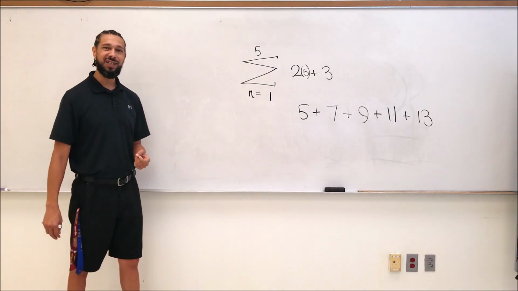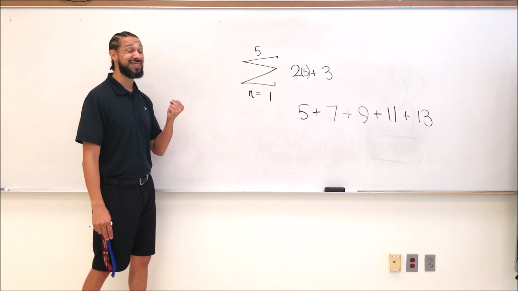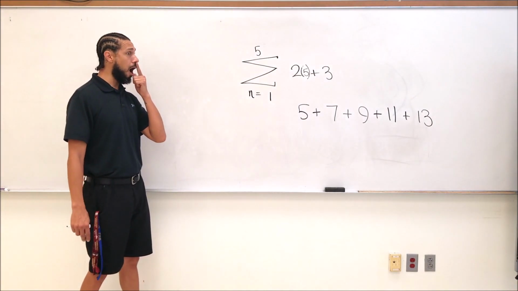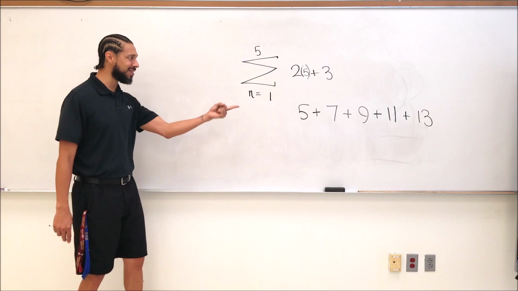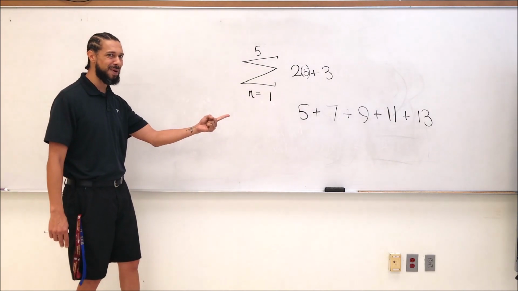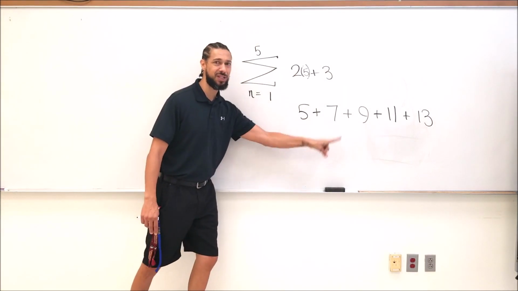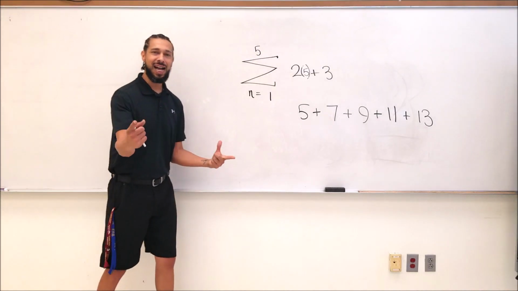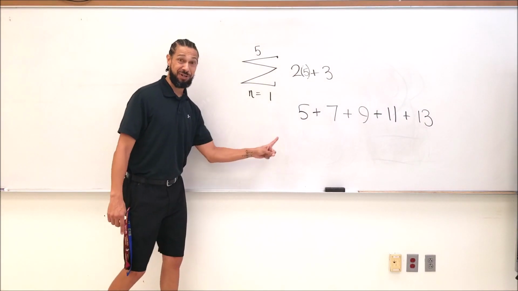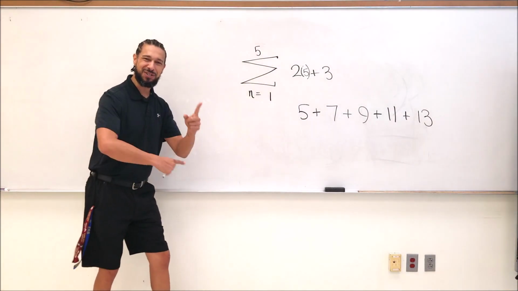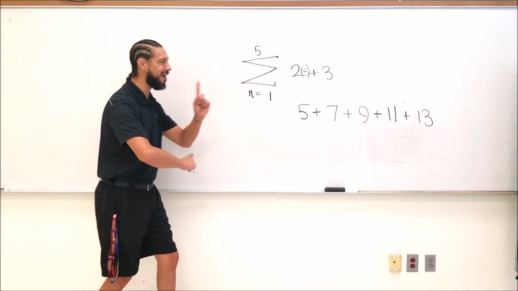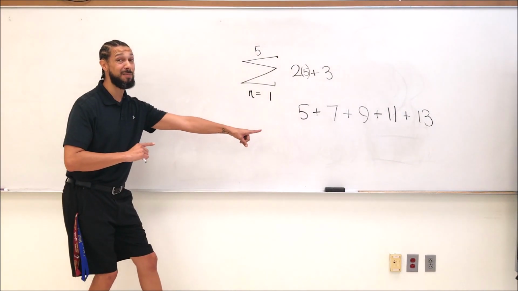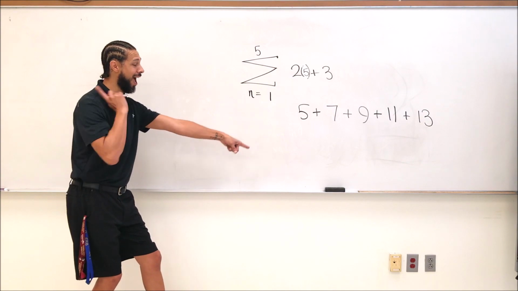Wish there was a shortcut or a formula we could use to find the sum. Oh, wait a minute, what kind of series is this? Is this an arithmetic series? Is it going up by the same amount every time? If this is an arithmetic series, can't we just use our sum formula we had before? Pay attention to what the common difference was.